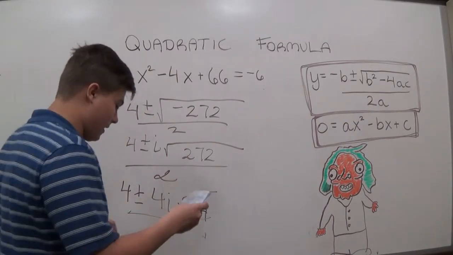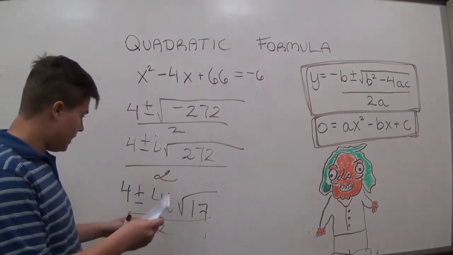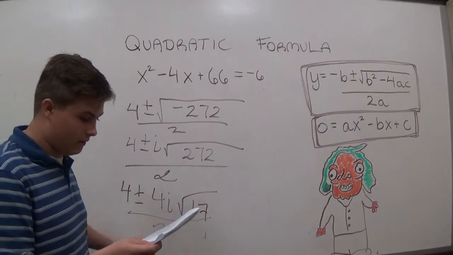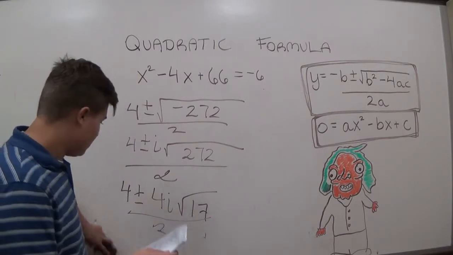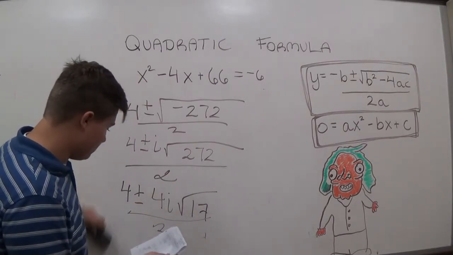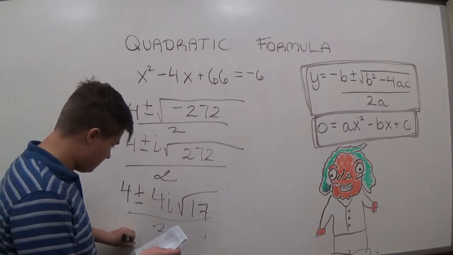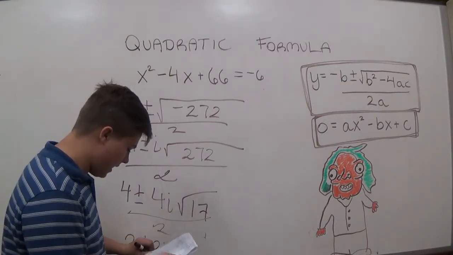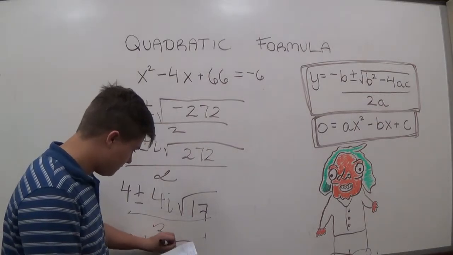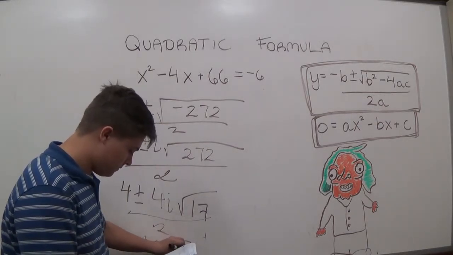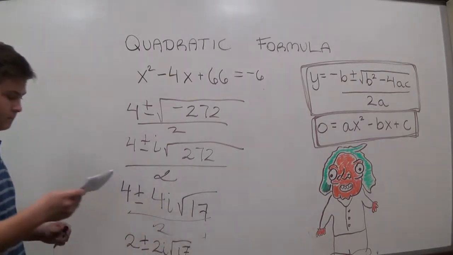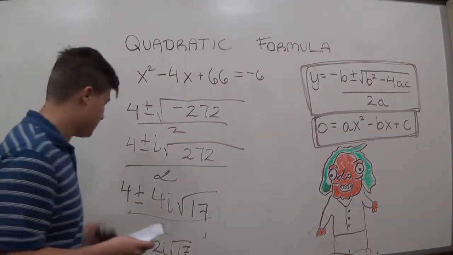You can't forget that. And then now would be a good time to divide by 2, if you can believe that. So after you divide by 2, that would get you 2 plus or minus 2i square root of 17. Okay, square root of 17. And that would be your answer.